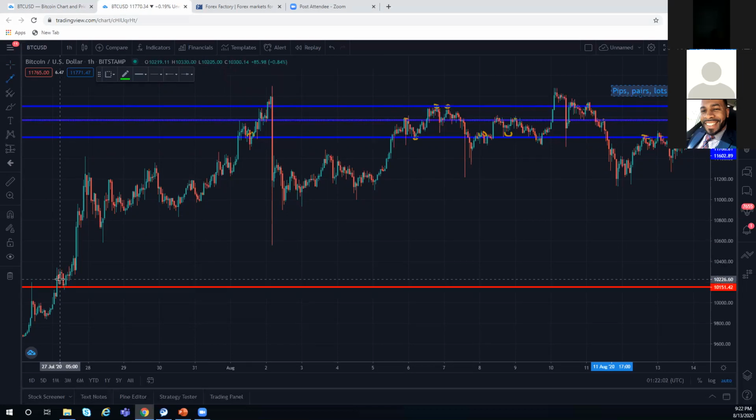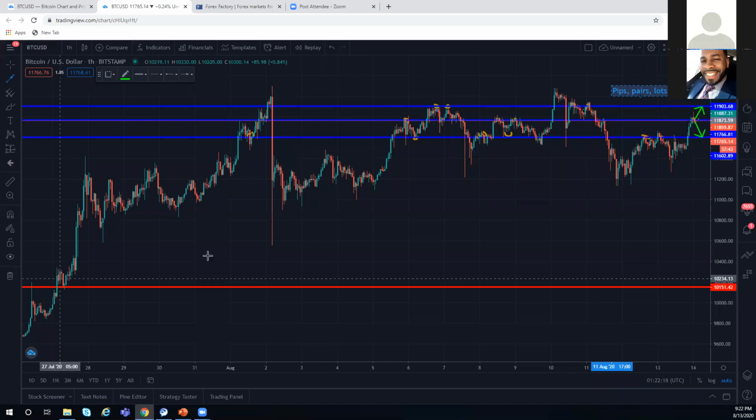Then towards the right, you got your bearish market right there. So if I was gonna jump in this trade, I'm telling you right now, it looks like a bearish market to me.